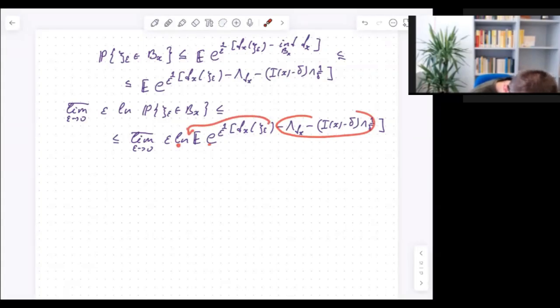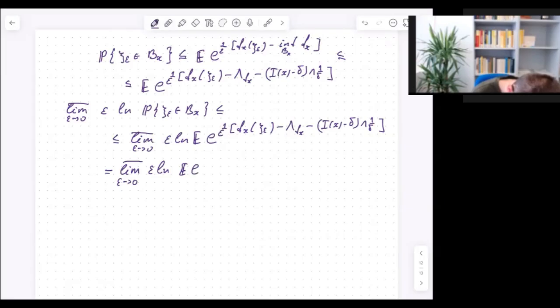Then you can use that the logarithm of a product is the sum of logarithms. So what you obtain is the limit as epsilon goes to 0 of epsilon logarithm of the expectation of e to the power f_x(psi epsilon) divided by epsilon, and then you will have minus lambda f(x) minus I(x minus delta), minimum 1 over delta.